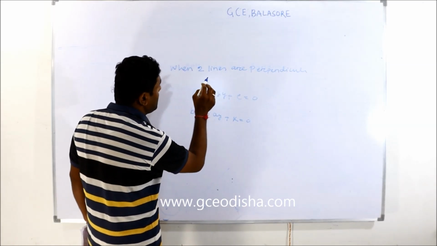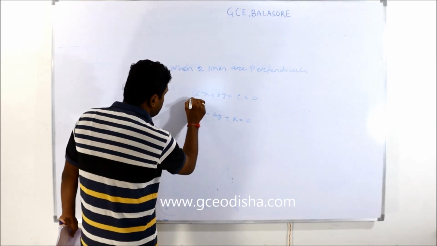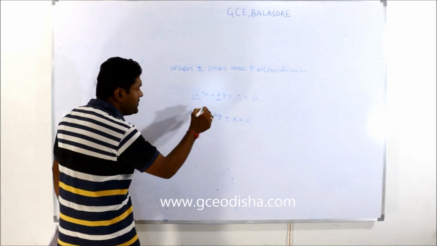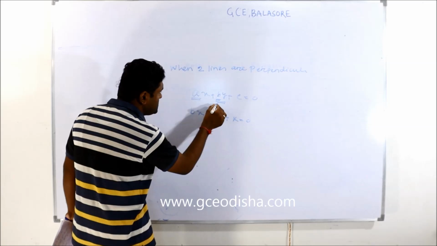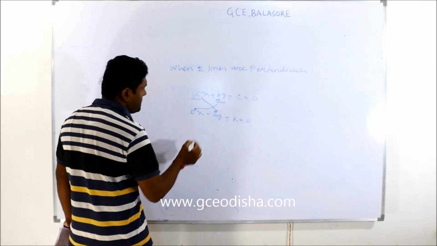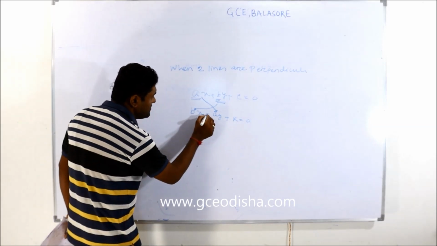When both lines are perpendicular, this is the coefficient of x, this is b, the coefficient of y, just interchange them with a negative sign.